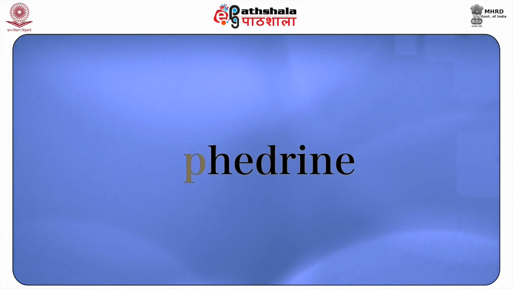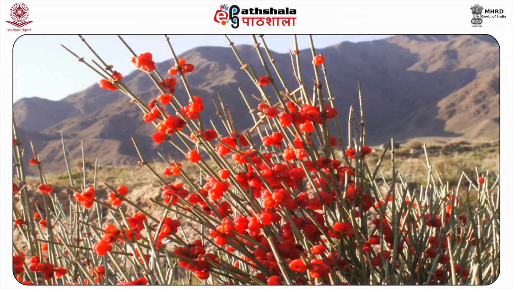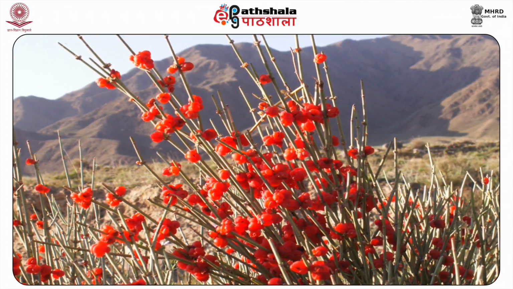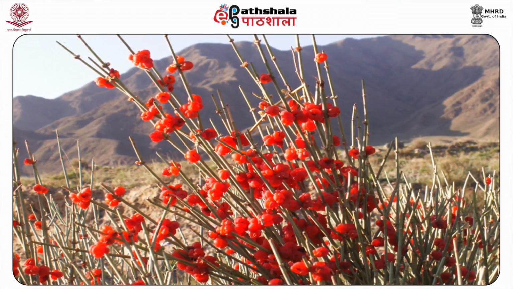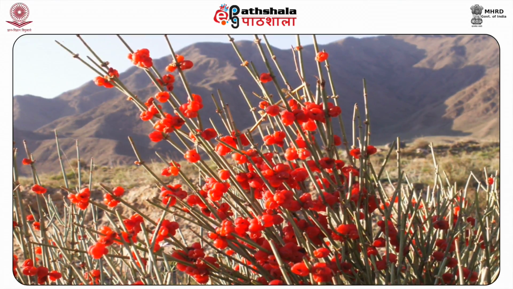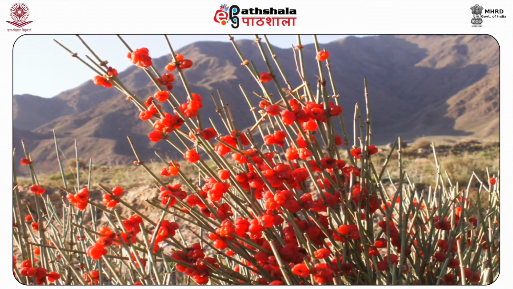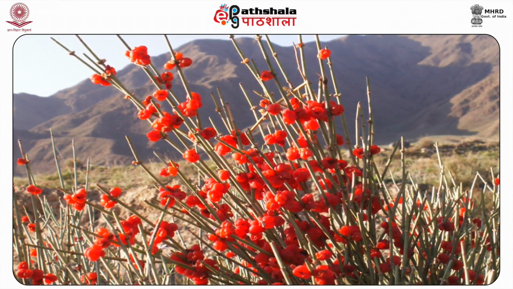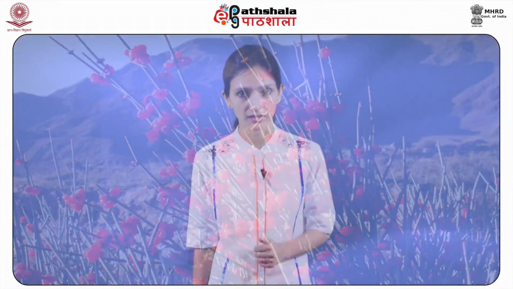Next is ephedrine. Ephedra is the common name for any one of the 3 species grown medicinally in China and recognized in the Chinese Materia Medica: Ephedra sinica, Ephedra equisetina, and Ephedra intermedia.